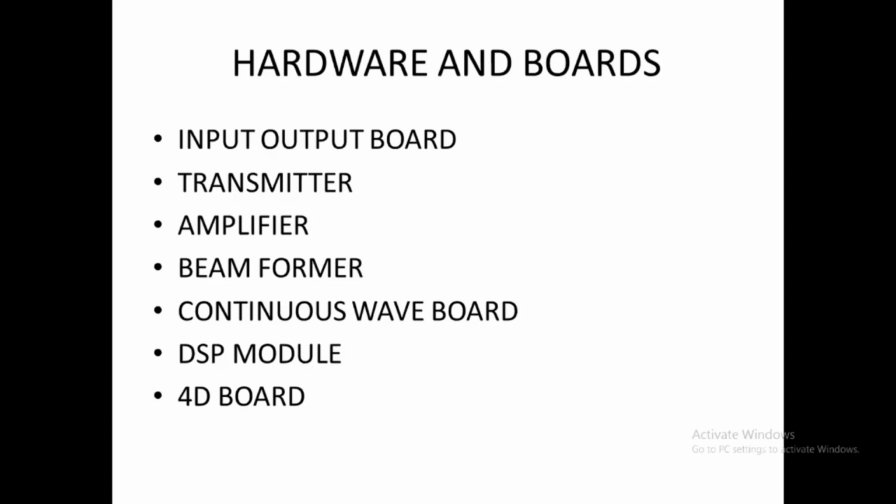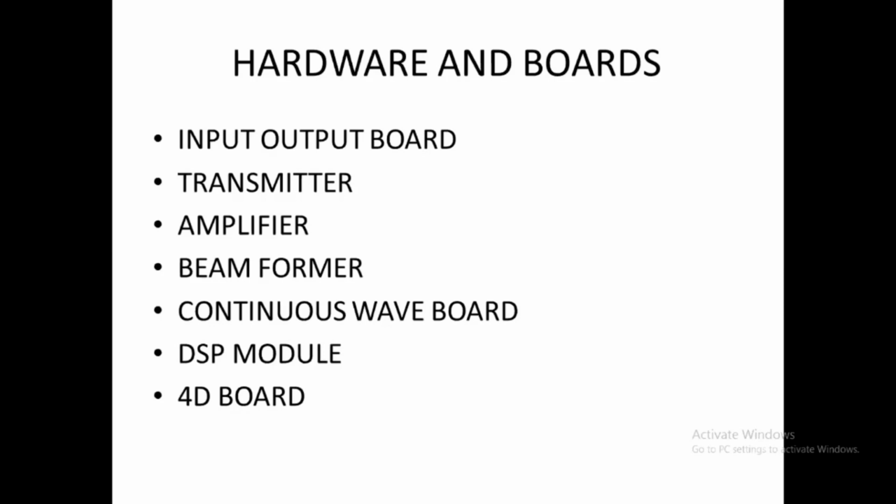The one final board is called the 4D board. What is the 4D board? The 4D board is used only for 4D analysis. As you can see, there is a probe called the 4D probe. The 4D probe is not widely used by physicians because it does not come under the patient's cost, and it is like a jewel.